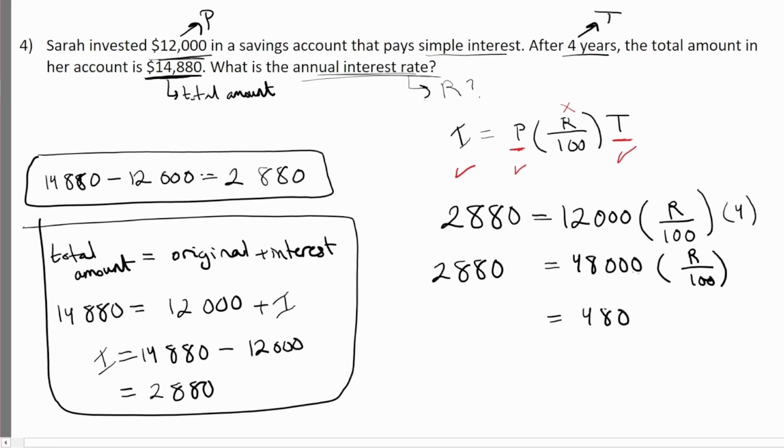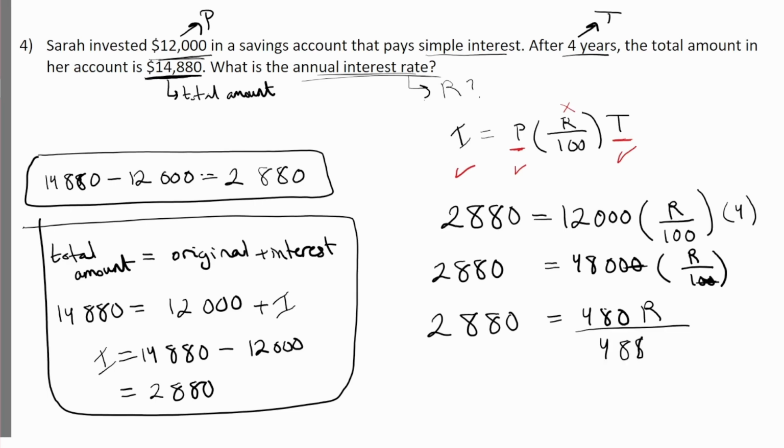You can either do this on your calculator, or simply cancel out those two zeros with each other, and you'll get 480 R is equal to 2,880.